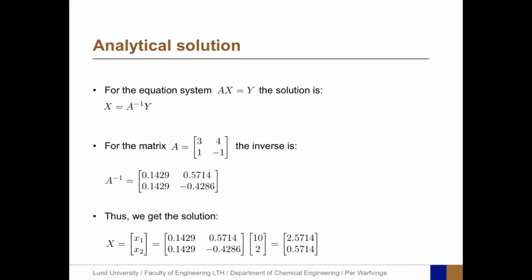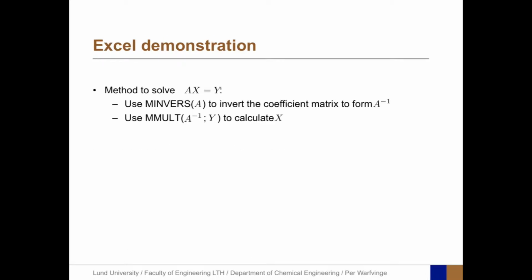So to get x1, we take 0.1429 times 10 plus 0.5714 times 2, and that equals 2.5714.